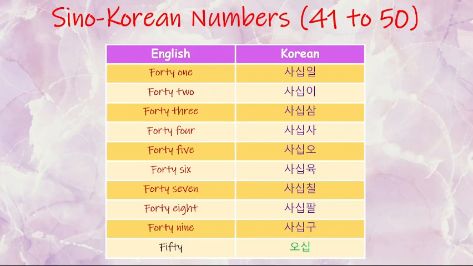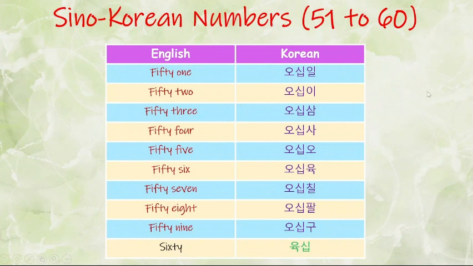Now the same concept is applied to numbers from 51 to 99. So I'm not going to pronounce each and every number separately. You can just go through these tables. You can pause the video and note them down if you want to. Here are the numbers from 51 to 60. The same pattern is applied on all the numbers.